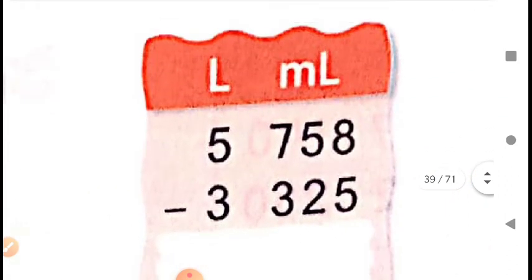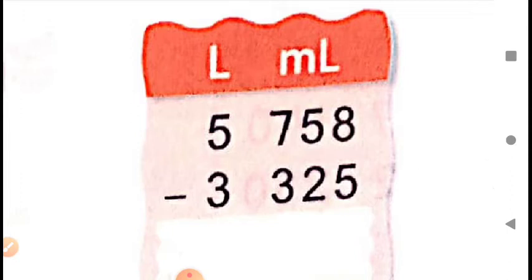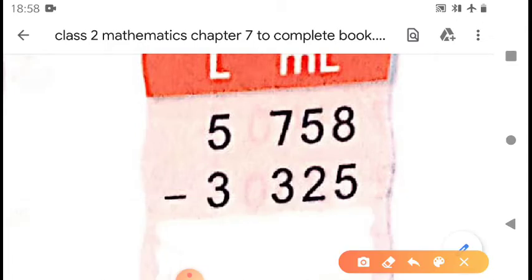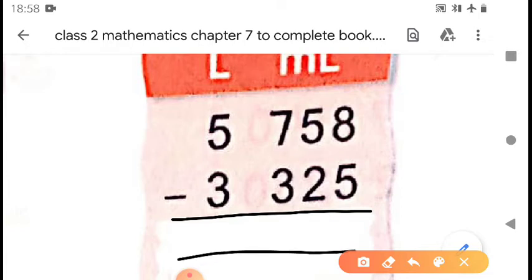5 liter 758 milliliter minus 3 liter 325 milliliter. Subtracting the milliliters first. 8 minus 5 is 3. 5 minus 2 is 3. 7 minus 3 is 4.